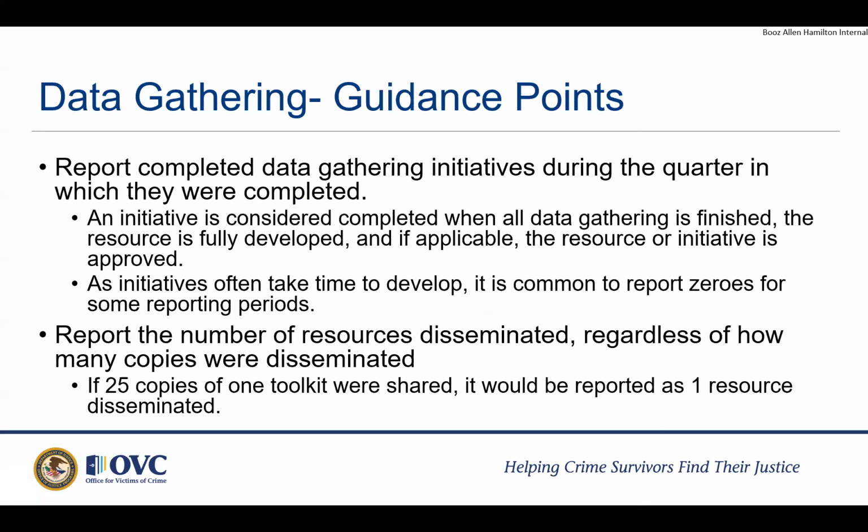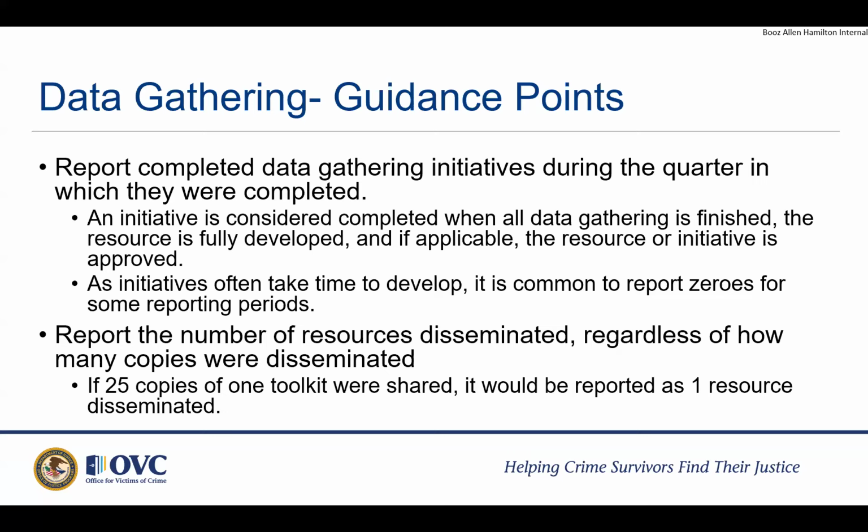And some additional guidance points. So you'll report on these initiatives during the quarter, and you'll report when the gathering is completed, fully finalized and approved. Oftentimes, it takes time to develop.